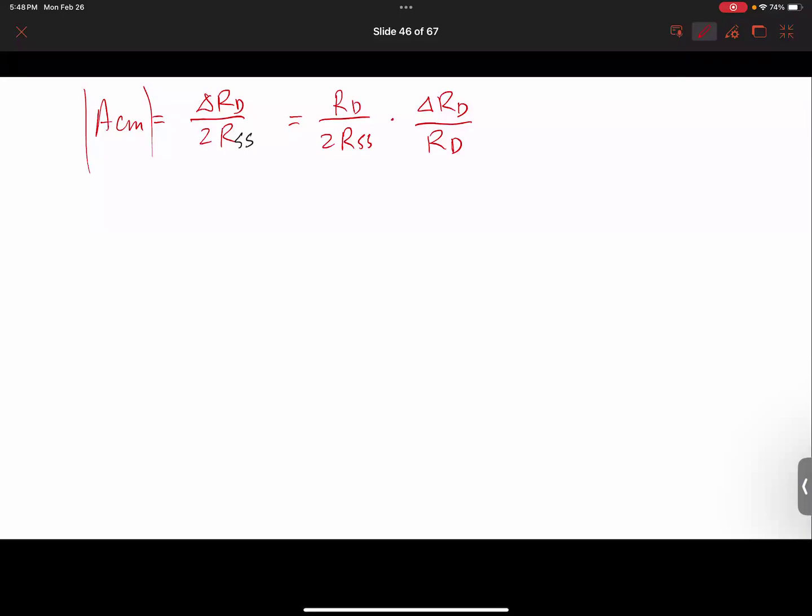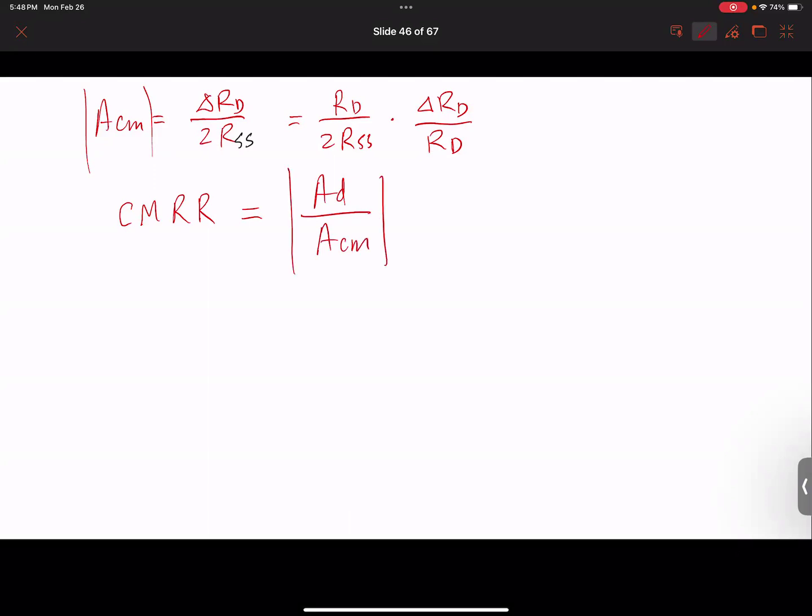In this case, they define the difference, they call it the common mode rejection ratio. Common mode rejection ratio equals the differential gain over the CM gain. So what was the differential gain?